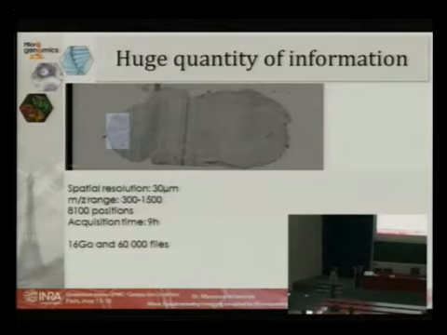What you also have to keep in mind is that a mass spectrometry imaging analysis will generate a large quantity of data. For example, in this small part of brain tissue, we realized an image with a spatial resolution of 30 micrometers, and it gives you more than 8,000 spectra.